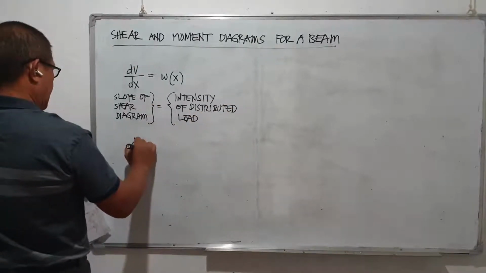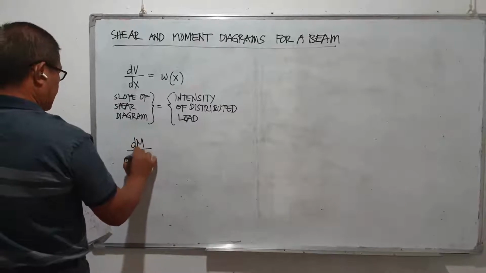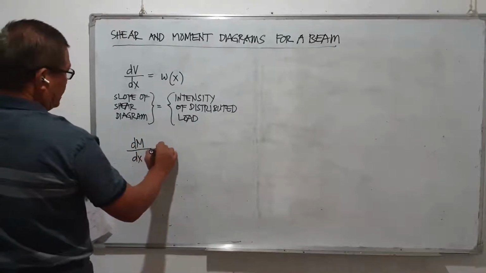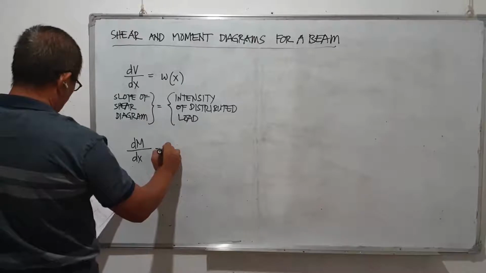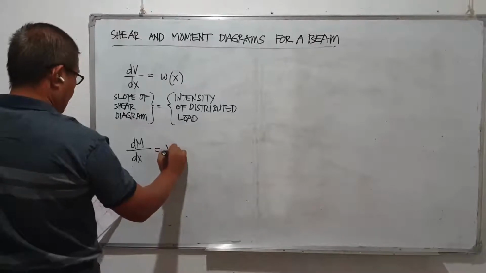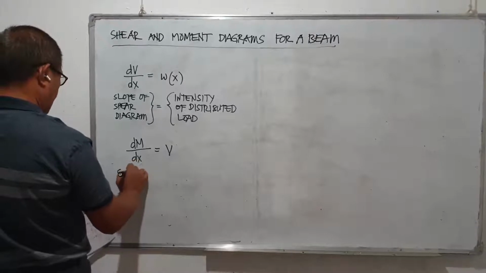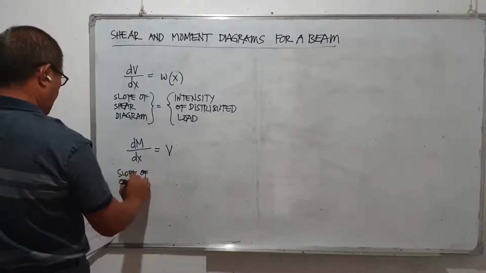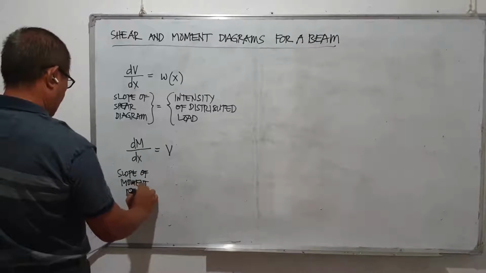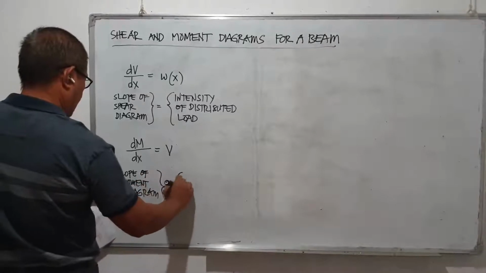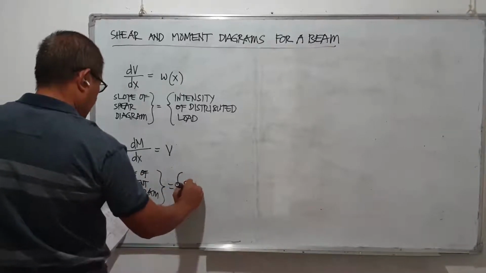While dM over dx, the derivative of the moment, is equal to V. And this is the slope of the moment diagram. This is just equal to the shear.